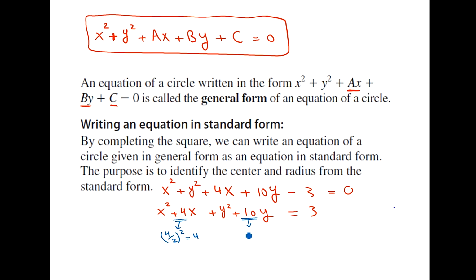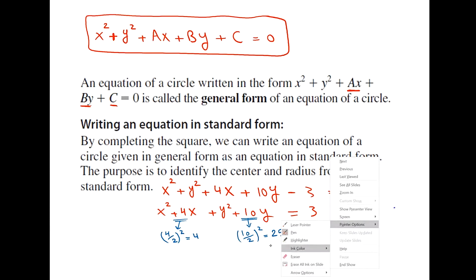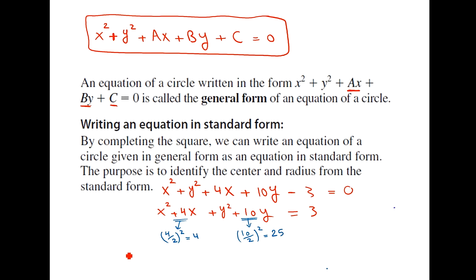We have 10 over 2, 5. 5 square equals 25. So we have x square plus 4x plus y square plus 10y equal 3.